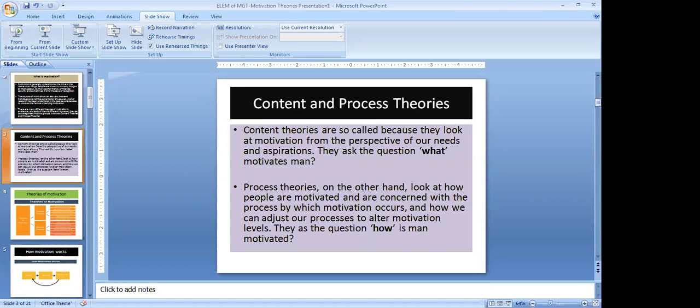Whereas the process theories look at how people are motivated, and they emphasize how motivation occurs. In other words, how we can adjust our processes to alter motivation levels. So they basically ask the question, how is a man motivated?